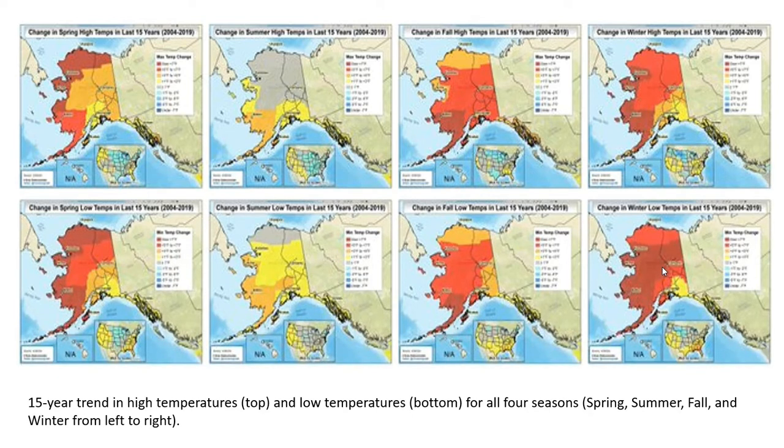Now, having said that, this January did set a record for the lowest high temperature ever recorded in Alaska, in Fairbanks, and that was 4 degrees Fahrenheit. In other words, the entire month of January, it didn't get any warmer than 4 degrees Fahrenheit.